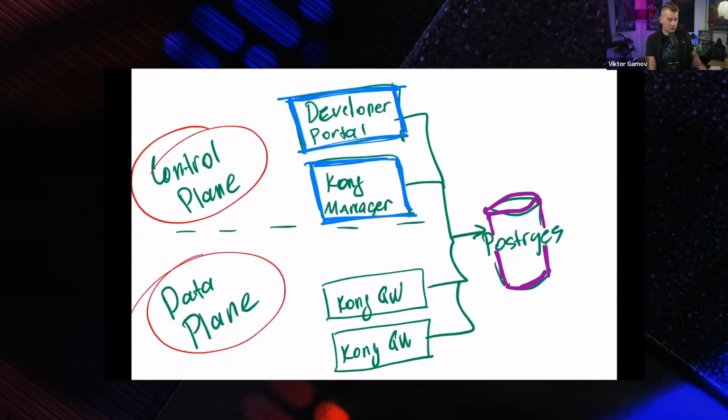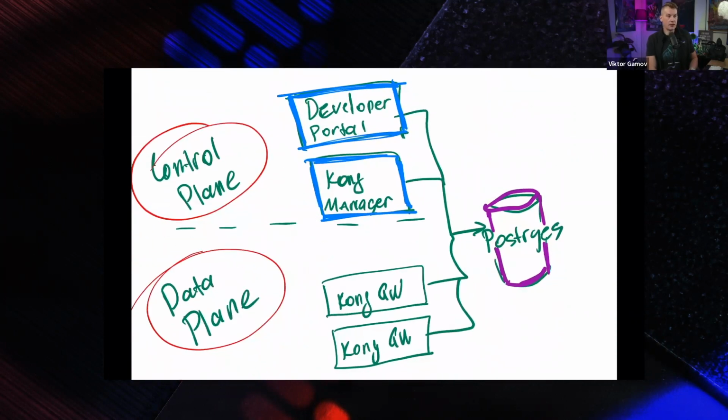And this traditional deployment can be extended by introducing a few more components. We do have Kong Manager for UI and for managing things, and they can use the same database, and a developer portal for publishing the services and enabling the services for other users. And now we can start seeing the dependency on the database becoming a bottleneck.